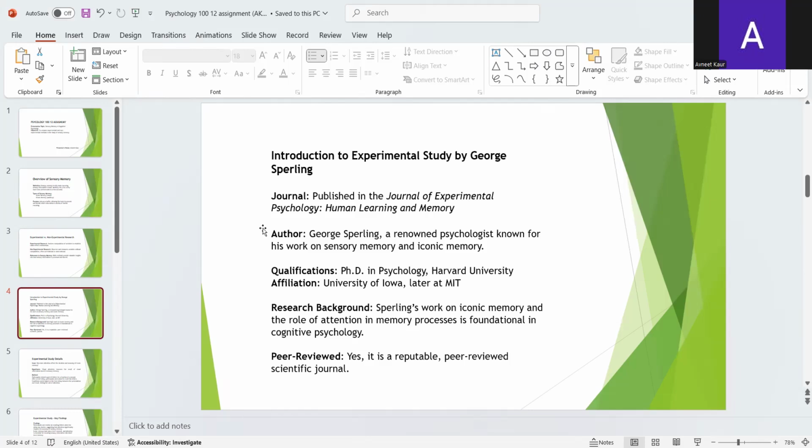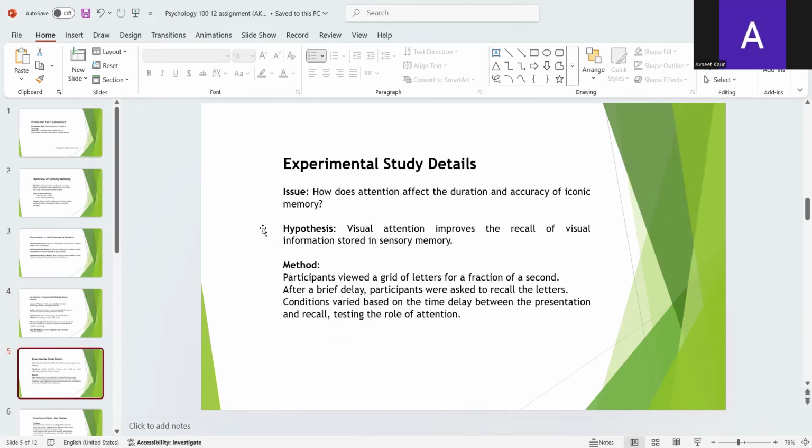His research background is that he has worked on iconic memory and the role of attention in memory processes, which is foundational in cognitive psychology. It is peer reviewed because it is a reputable and peer reviewed scientific journal.